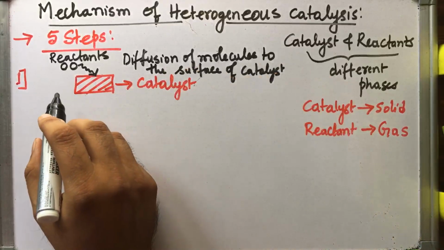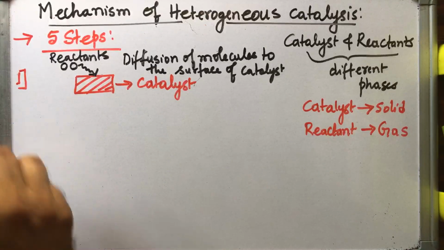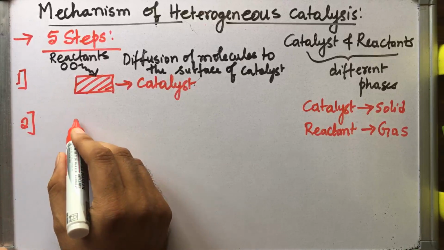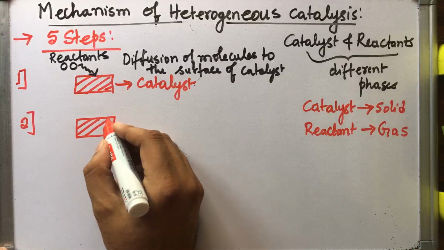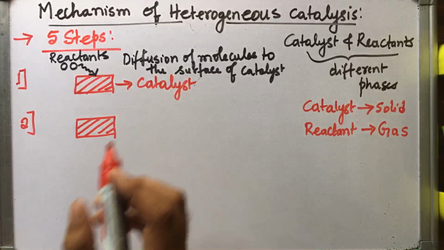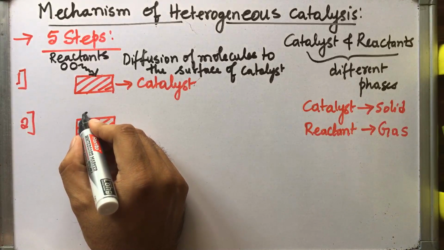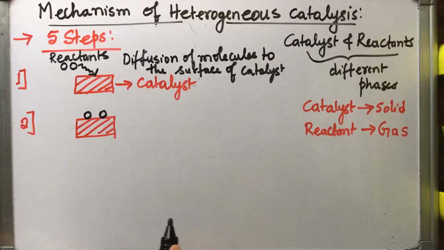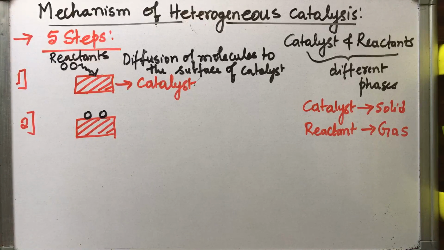Once the molecules start diffusing onto the surface of the catalyst, in the second step there will be adsorption. Let me show, this is a solid catalyst. Onto the surface of this catalyst, the two reactants we have taken will come and get attached. This attachment is because of the force of attraction between the catalyst and the reactant molecules.